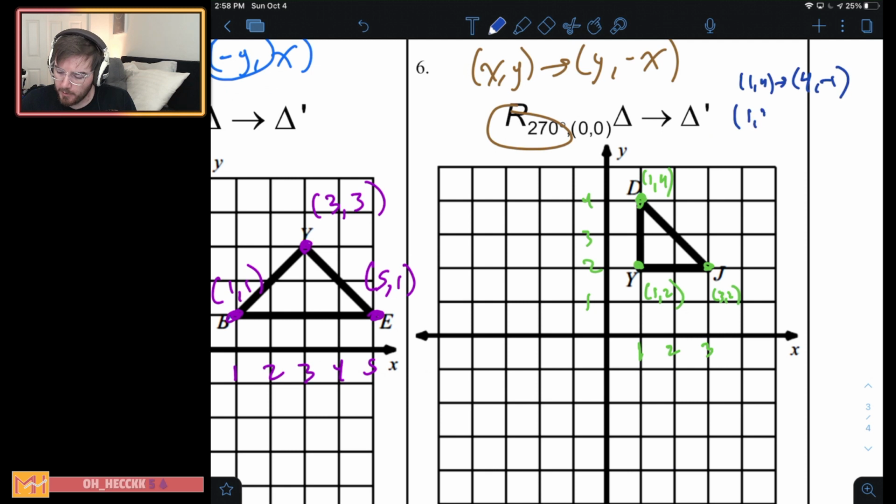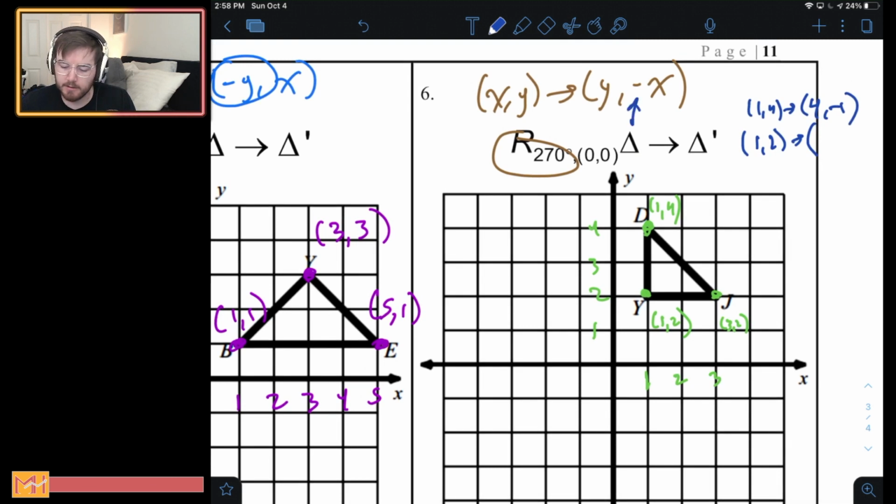Let's get in a rhythm before I start plotting. Let's do it again. The x value changes signs, because that's what I see here, right? I'm just looking at what I see here. I'm not just pulling this out of thin air. I see, oh, the x value is changing signs. It has that negative on it. And, oh, the y came first, so they switched places.